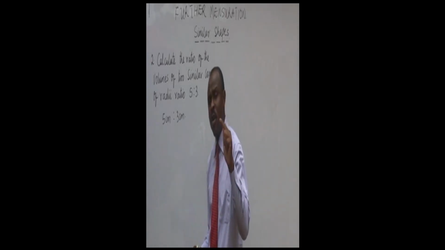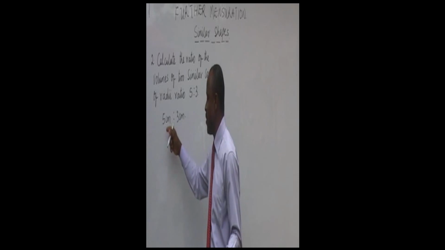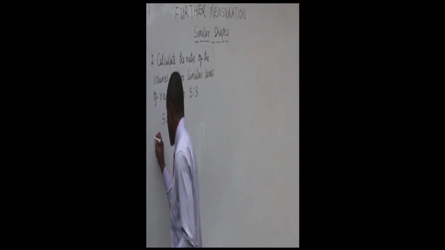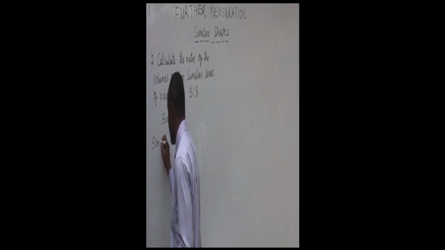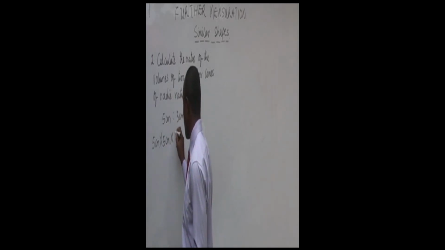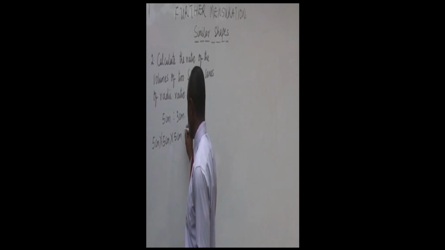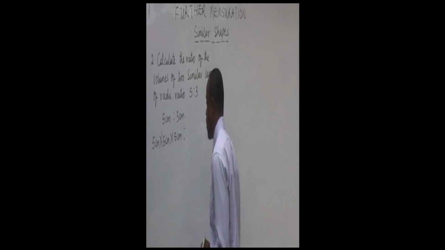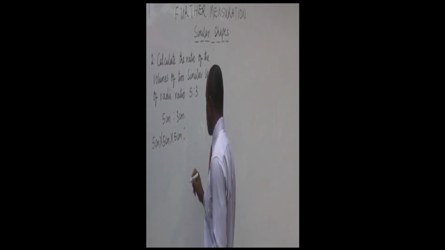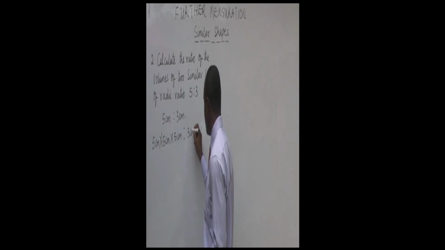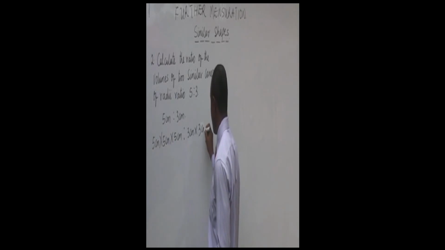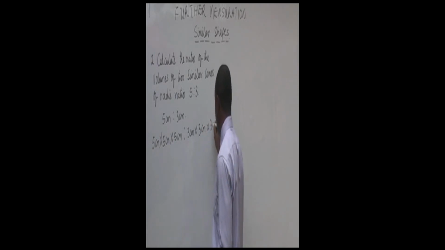Now, if you are talking of changing this ratio to volume, what you're going to do is 5 cm times 5 cm times 5 cm on one side of the ratio is now going to be in ratio with 3 cm times 3 cm times 3 cm.